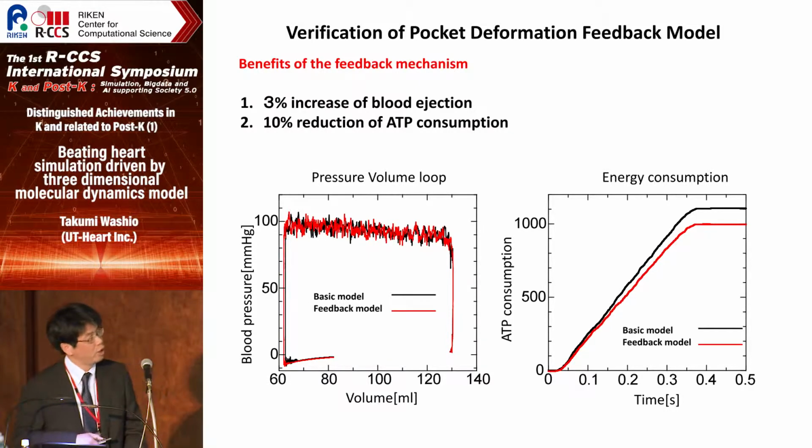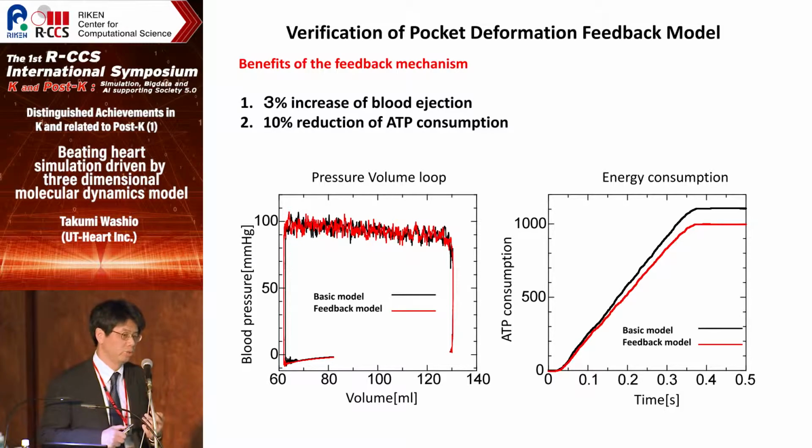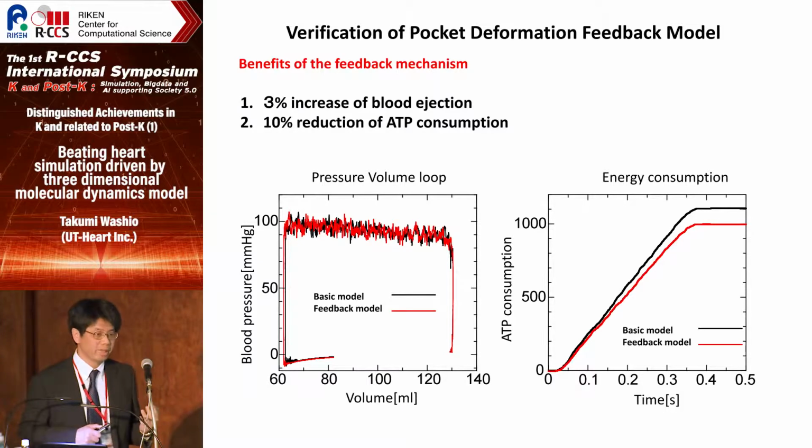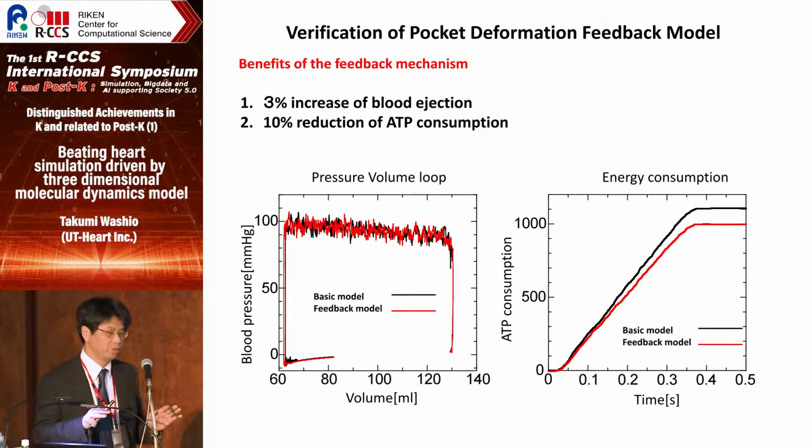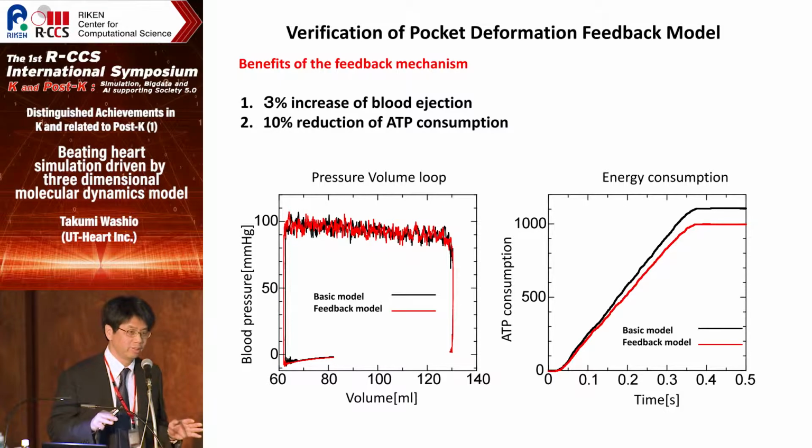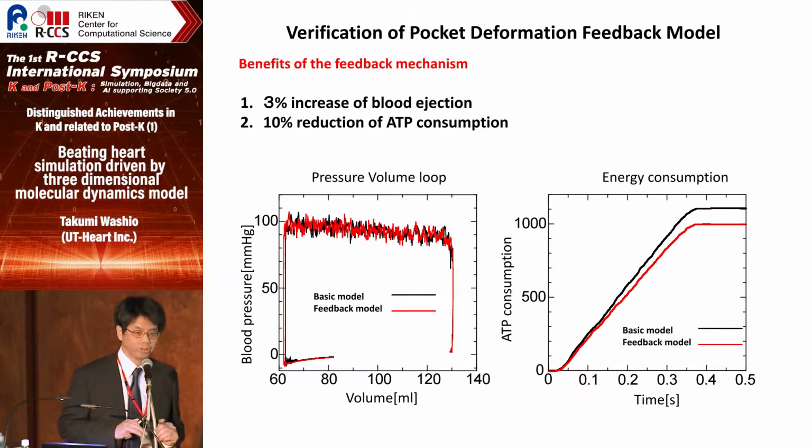Of course, this model is just a beginning step of a very difficult challenge. But through such experience, I was made to recognize the importance of simulating the molecular dynamics under some environment, which is given by themselves and in some sense in natural conditions.